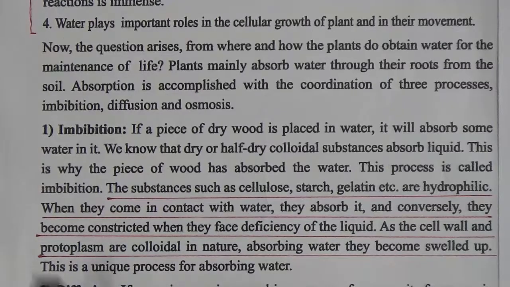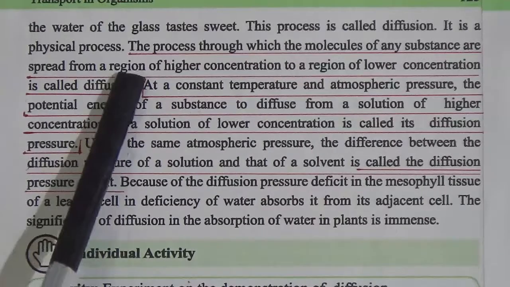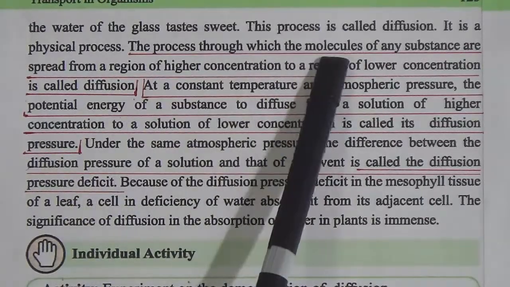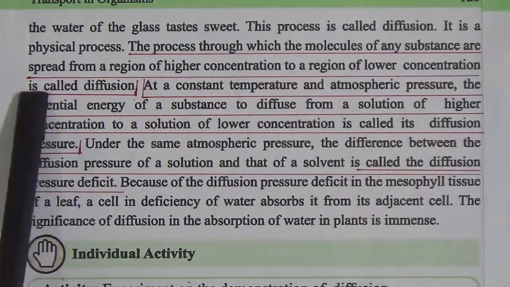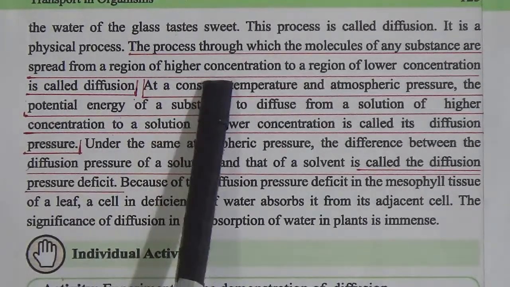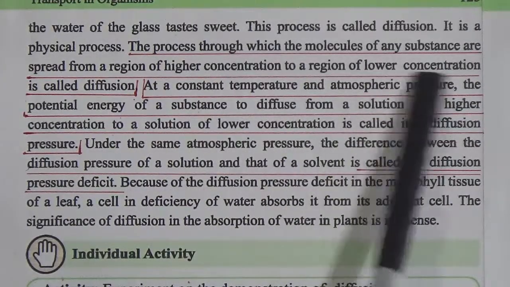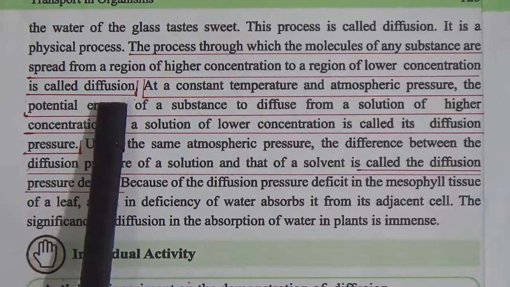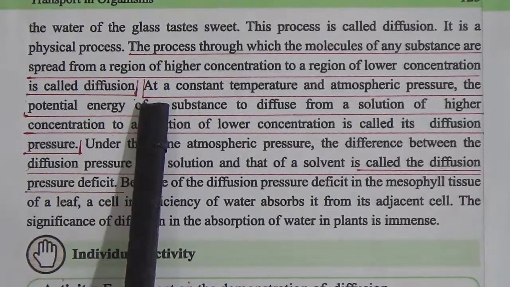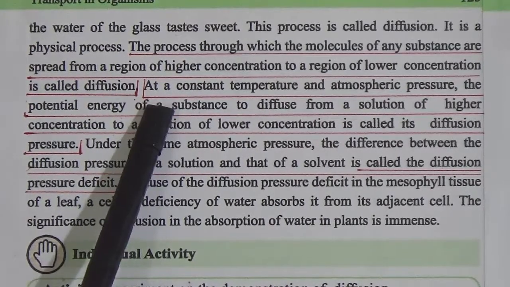Now come to diffusion. Dear students, come to the next page. There is the definition of diffusion: the process through which the molecules of any substance spread from a region of higher concentration to a region of lower concentration is called diffusion. And this is the definition of diffusion pressure.